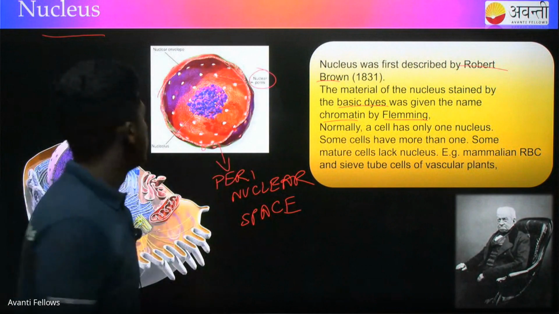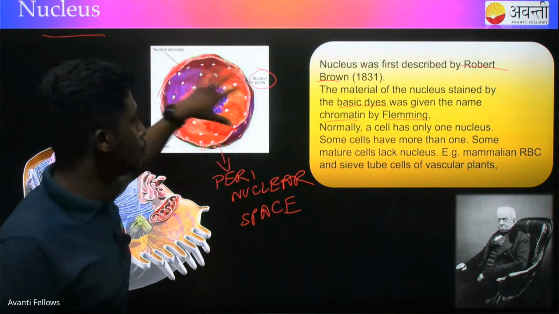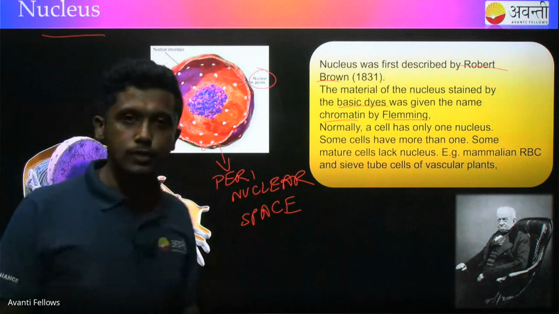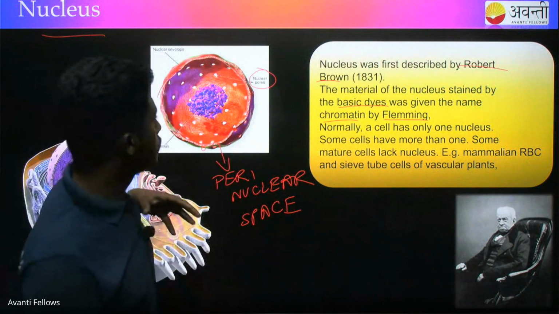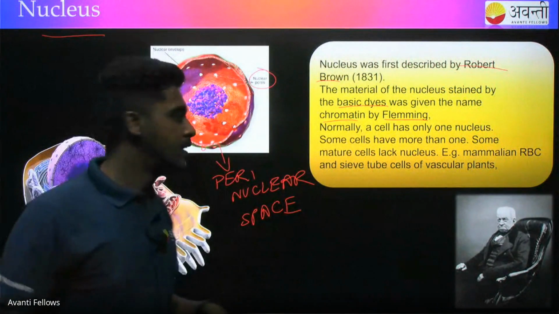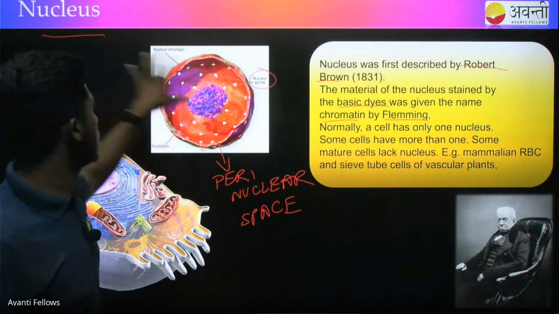What is there within this nuclear membrane? Within the inner nuclear membrane, we find a uniform structure called the nuclear matrix, or nucleoplasm.